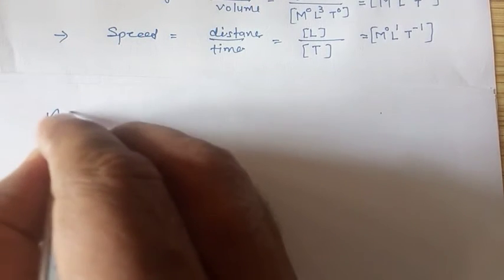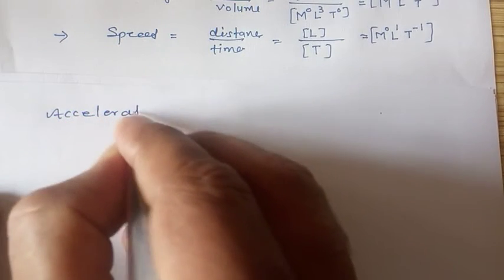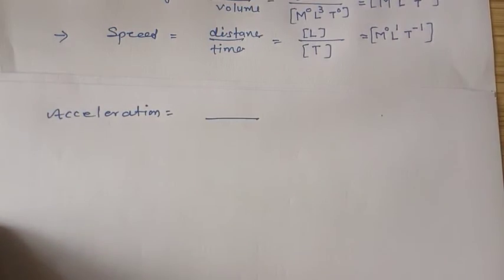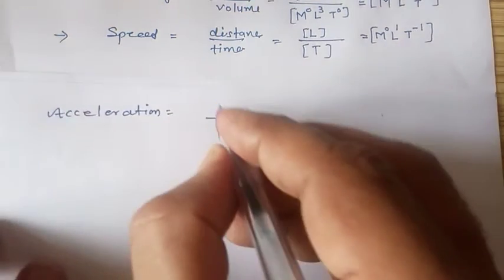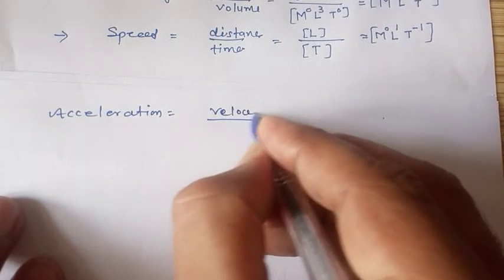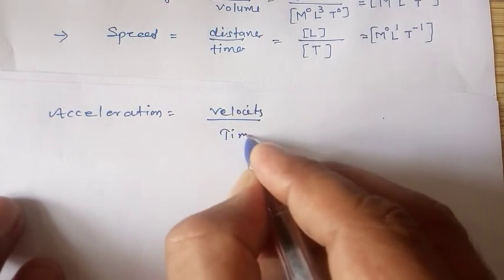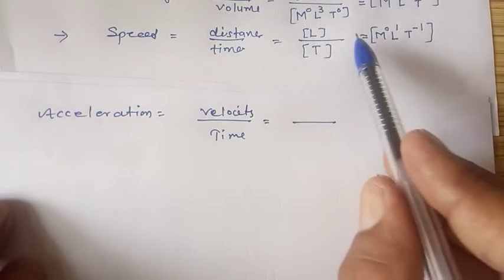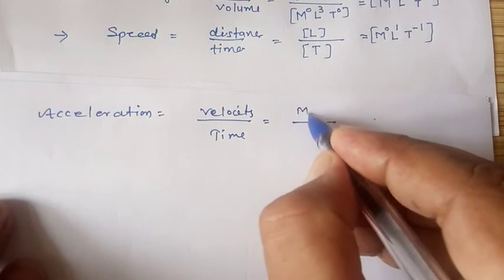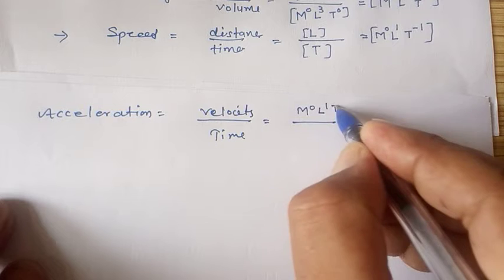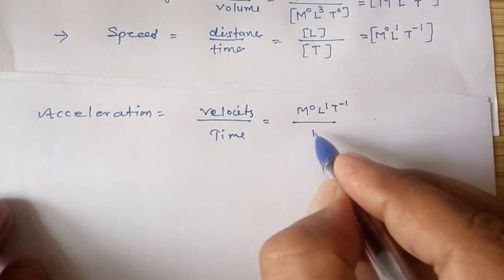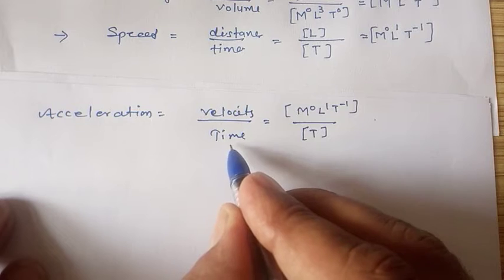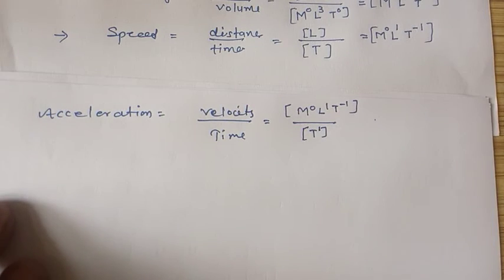Now acceleration. Acceleration is what? Rate of change of velocity, that is called the acceleration. So velocity upon time. Velocity or speed has the same dimension formula we just calculated, M power 0, L power 1, T power minus 1, and time has the dimension formula T. As time is only once, its power is 1.